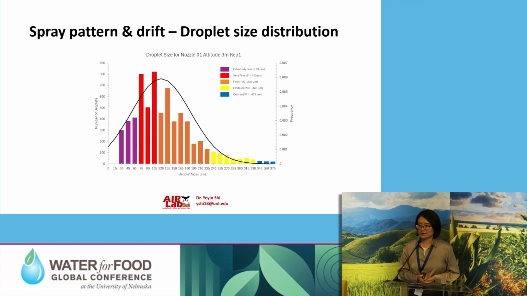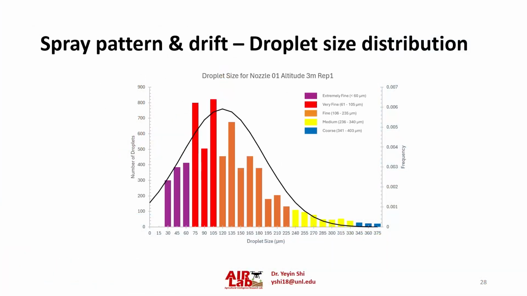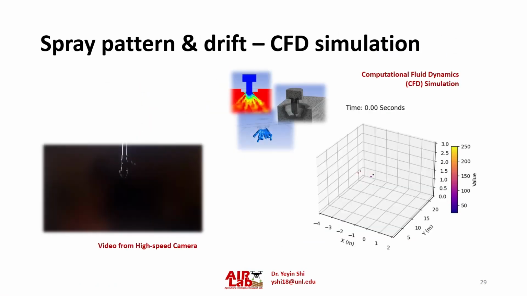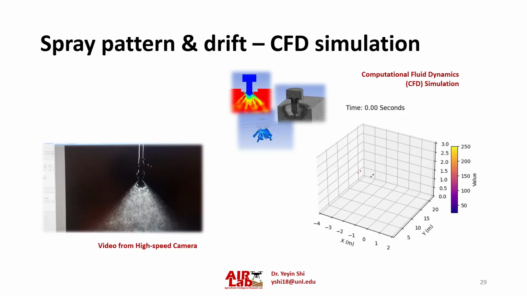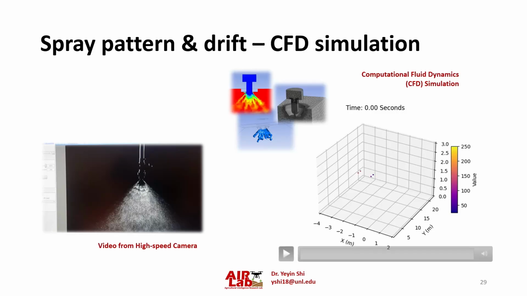So my group has also been working on trying to quantify the spraying pattern, both with field testing as well as computational simulation. Here is a computational fluid dynamics simulation. I don't know if the tech people could help click on where the 3D modeling is there.